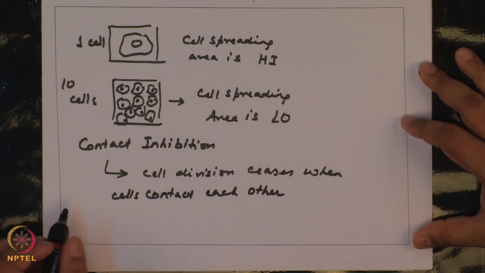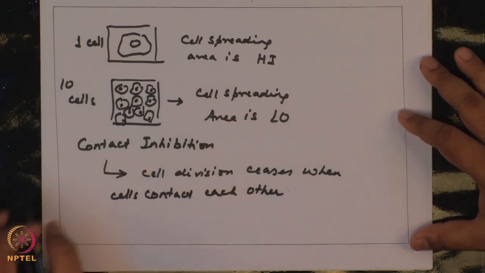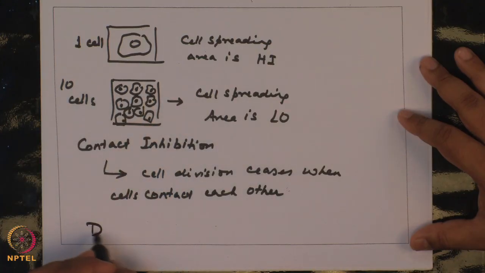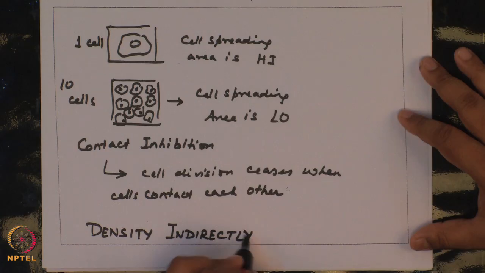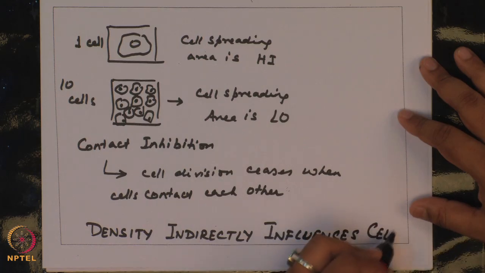So, in a sense, what this shows you is that density indirectly influences cell shape.